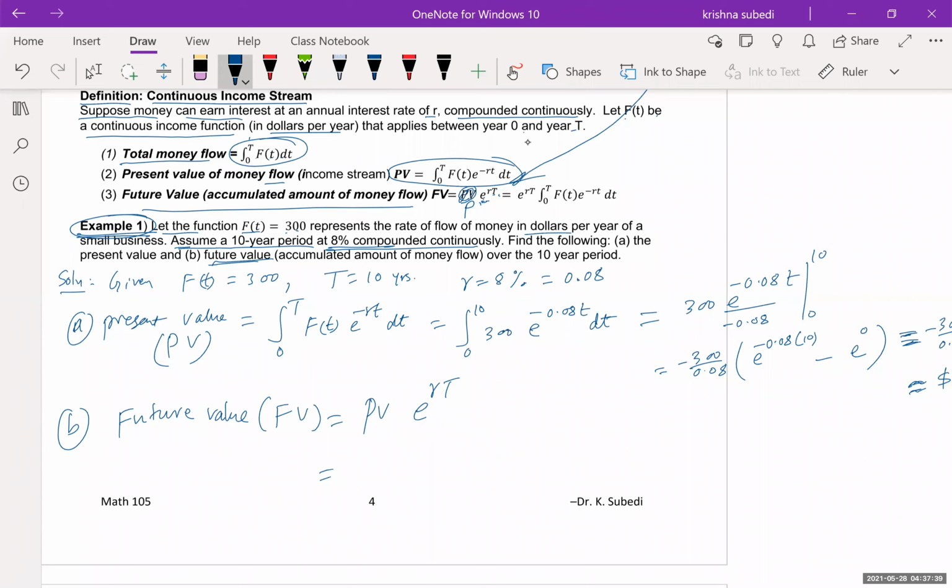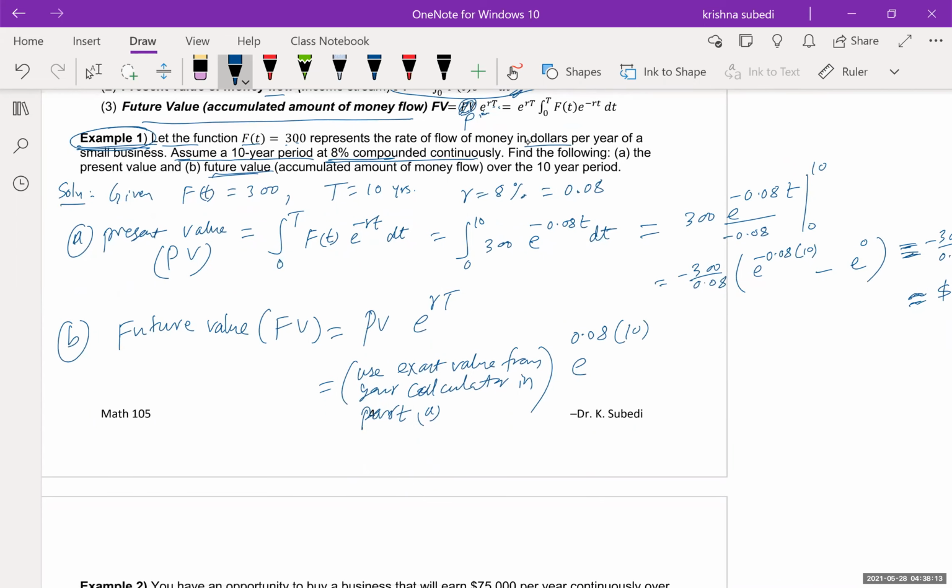So PB, use the exact value from your calculator in part A. And times e, r is 0.08, t is 10.